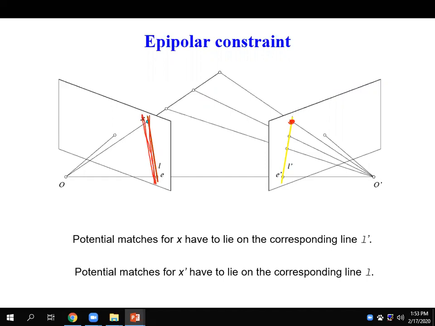One other important thing is that this epipole point will be the point where all of the epipolar lines intersect. So if you have any other epipolar line, all of them will intersect at this particular E in this image.